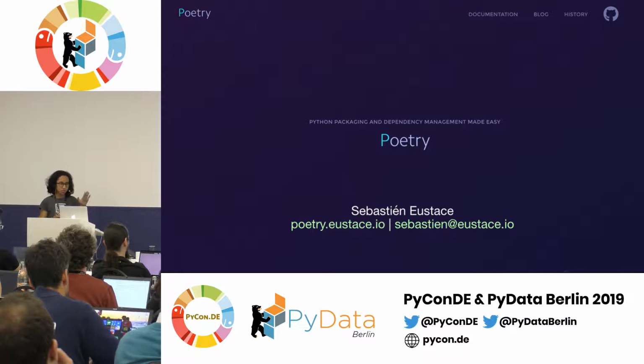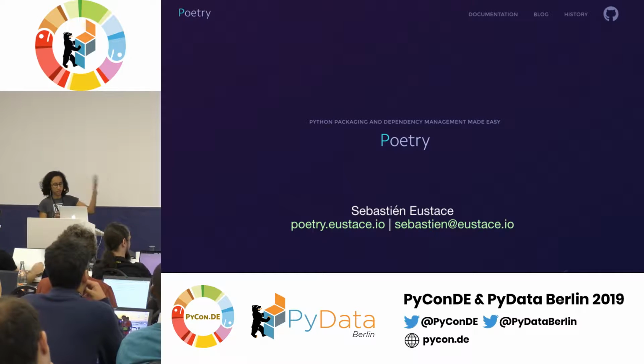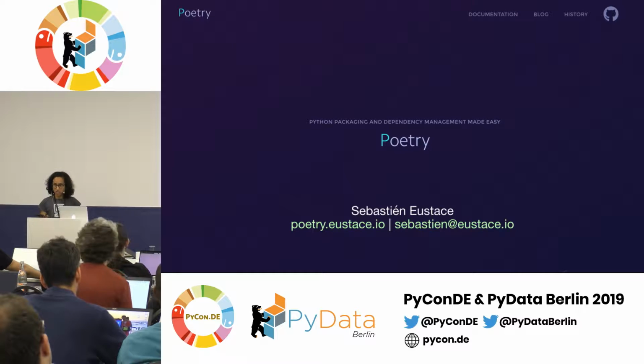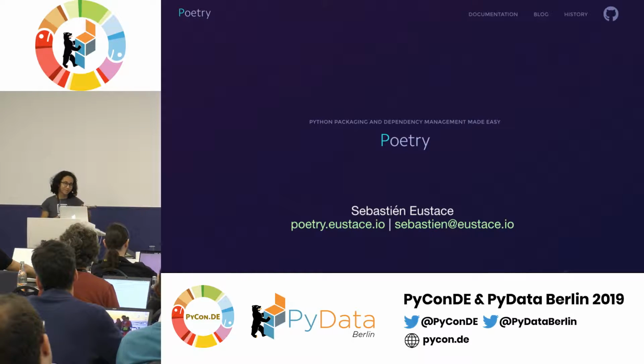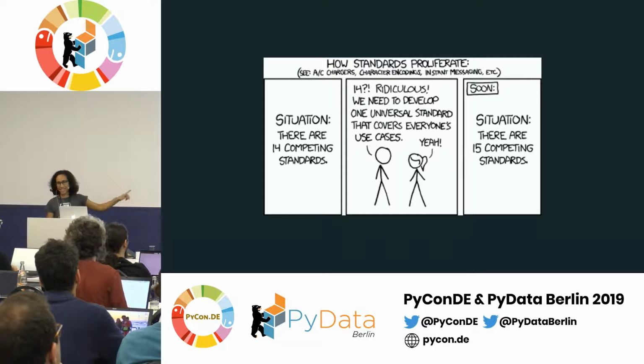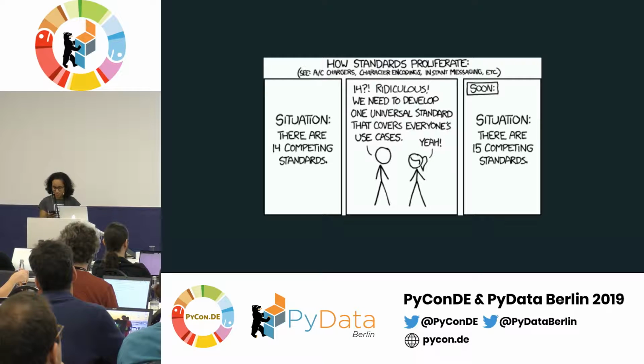Poetry aims to get rid of all of these file dependencies using just one file, which is the pyproject.toml. I actually gave this talk before, an even less funny version of it, at PyCon Lithuania. And someone put this up on the Slack channel after I gave my talk. And yeah, we just love introducing new standards in the Python community.